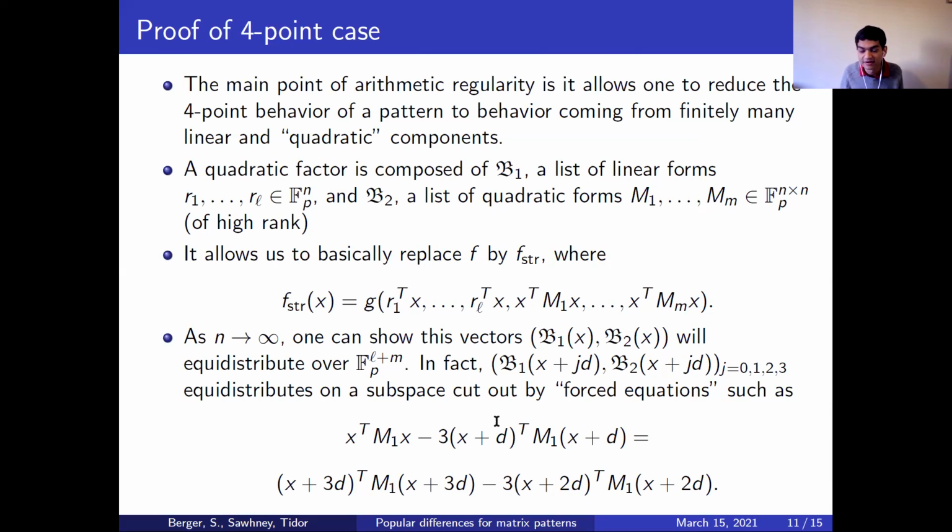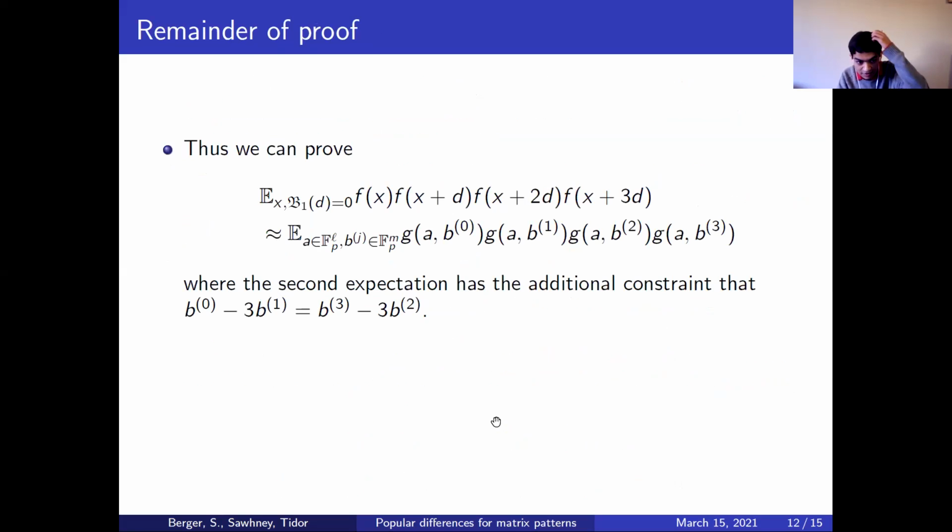And so now at this point, I've basically reduced from a general function to a function that looks almost quasi-random on some finite dimensional space in some sense. So we're basically almost done, modulo a lot of technical arguments that let's ignore.